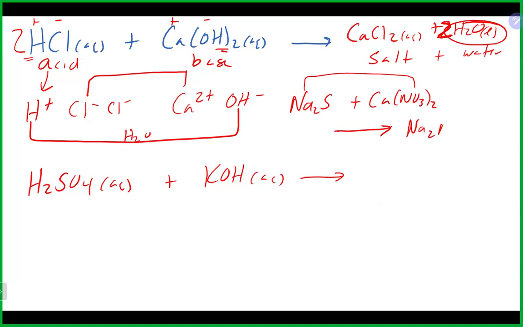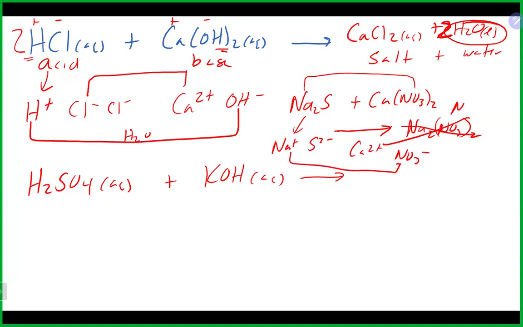So this is the formula I want to write and keep the 2's. And that's incorrect. You should always just go, okay, the basic unit of sodium is that, the basic unit of sulfide is that, the basic unit of calcium is this, and the basic unit of nitrate is that. Now when you put it together, you'll get the proper formula, and then at the end you could go back and put a 2 in front of it to balance, whatever you need.